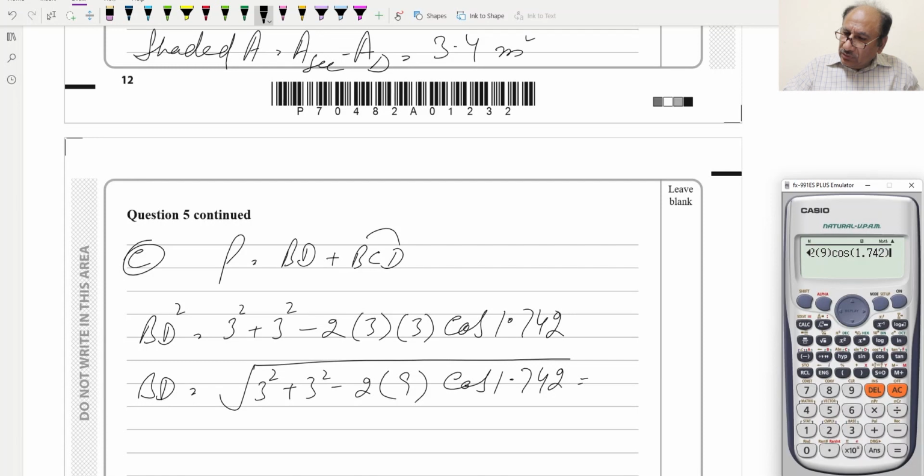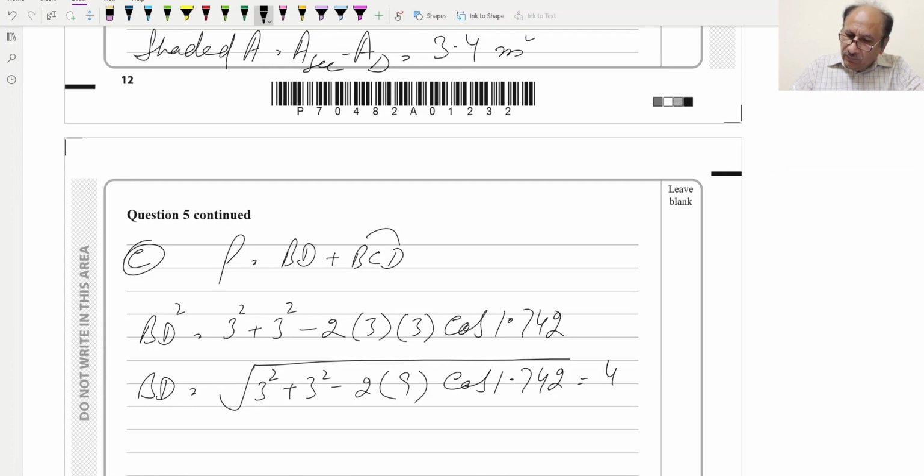Again, your calculator should be in radian mode, and this is 4.59. We can write it to 3 significant figures, 4.59.